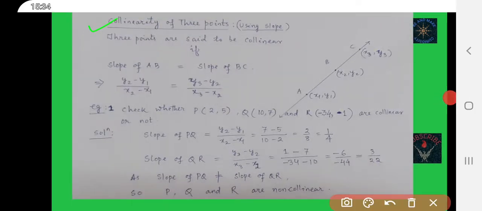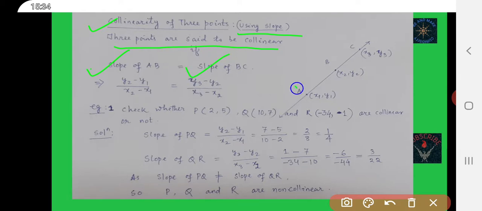Collinearity of 3 points. Now we check whether 3 points are collinear or not using slope. So, 3 points are said to be collinear if slope of AB is equal to slope of BC.